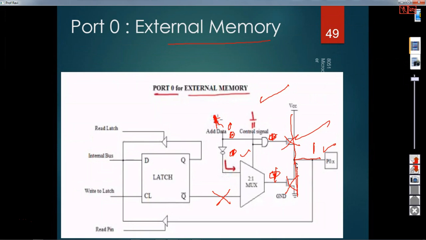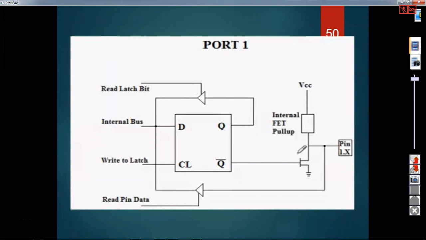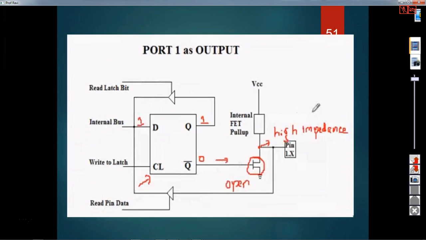When this transistor is on, this is connected to ground, so you can read 0. So when you connect an external memory to port 0, this port 0 can be used for carrying the lower byte of the address.